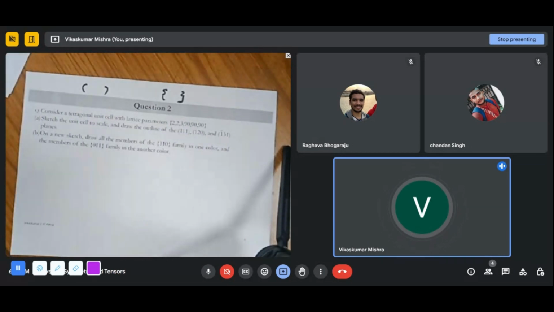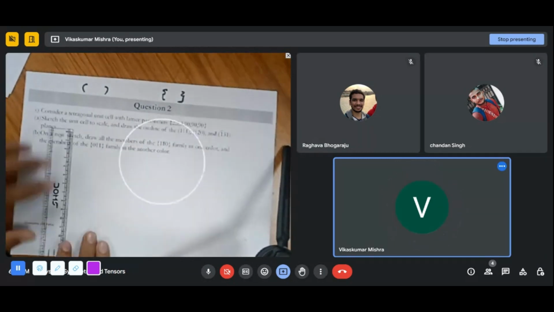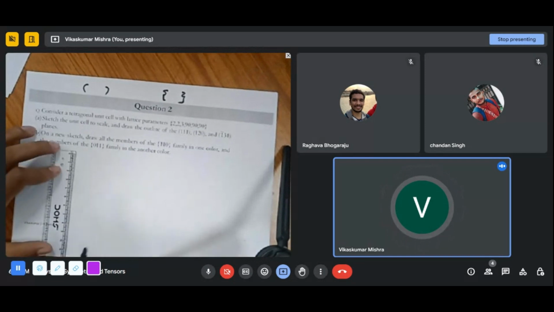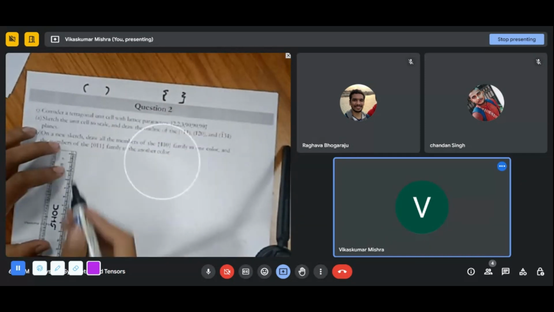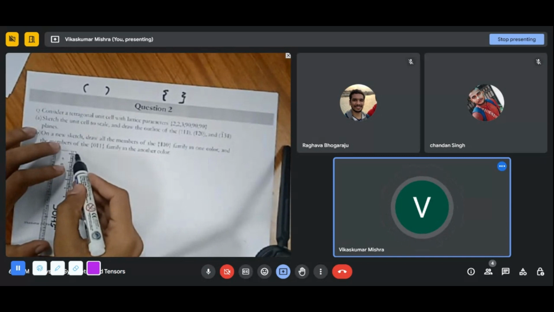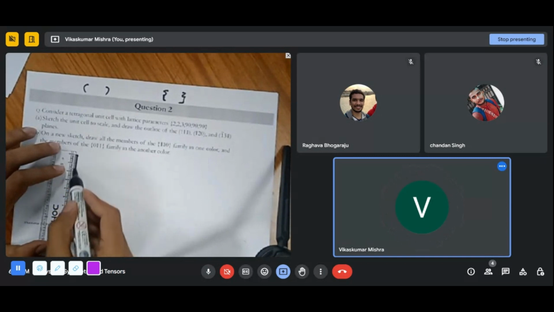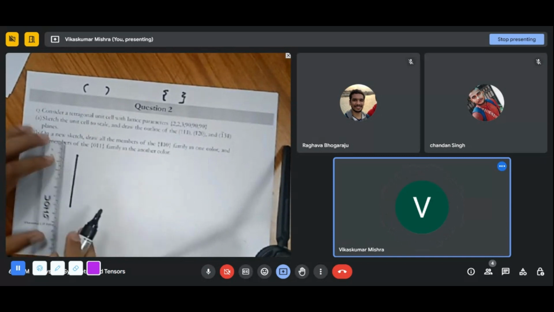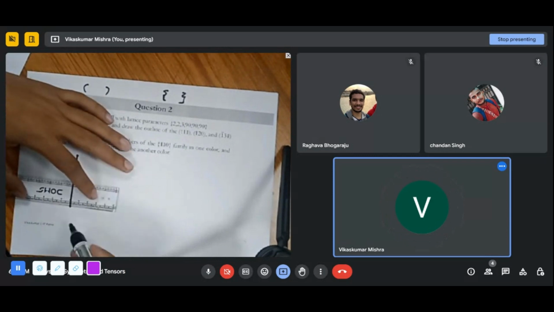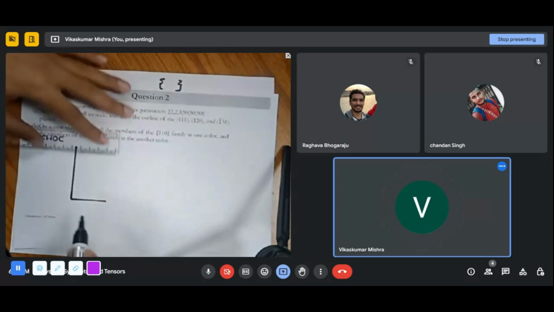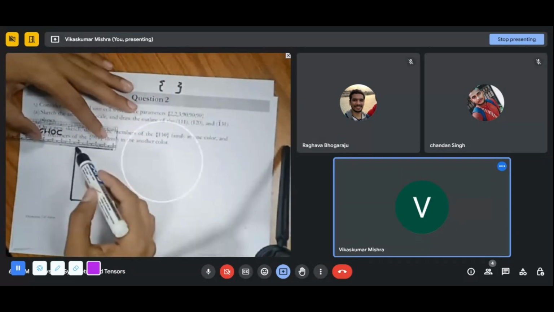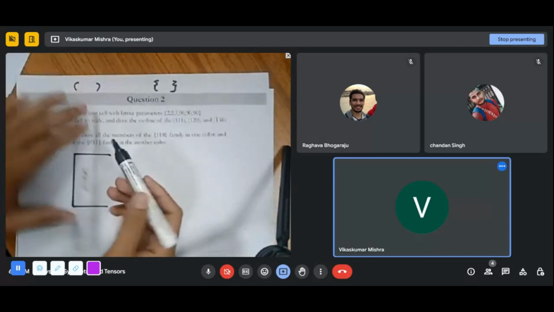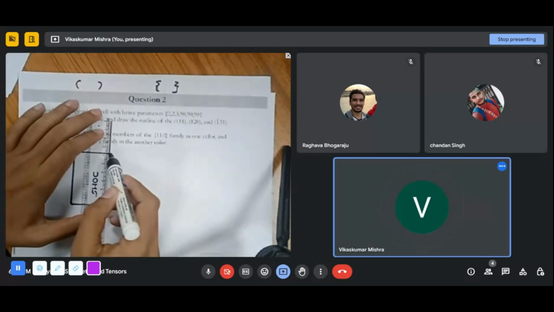Okay, so let's get started with this question. I will take a scale properly so that we stick with what the question is asking, that is they want us to be in the ratio 2:3. So let's select a tetragonal unit cell. You guys can also solve with me.